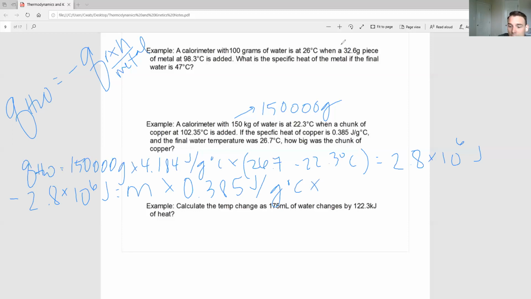And let's see, the final water temperature, which is the same as the final metal temperature, 26.7 minus 102.35. You do that math, the mass ends up being 9.6 times 10 to the 4th grams.